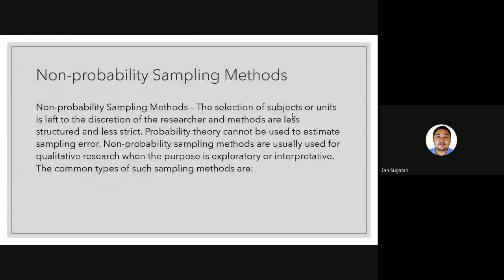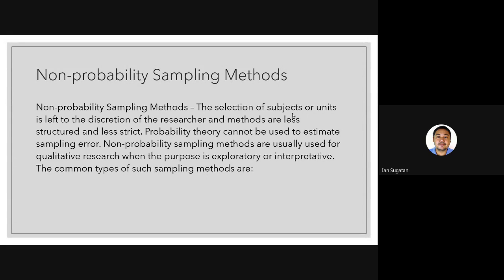Now let's go to non-probability sampling methods. When we speak about non-probability sampling methods, these are the selection of subjects or units that is left to the discretion of the researcher, and the methods are less structured and less strict, meaning to say there are no rules. So most of you, take note.